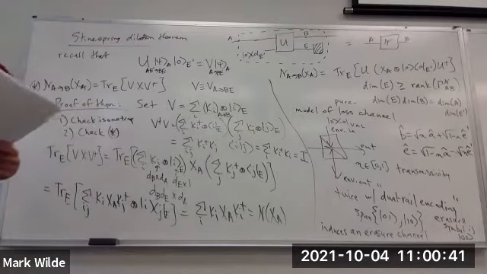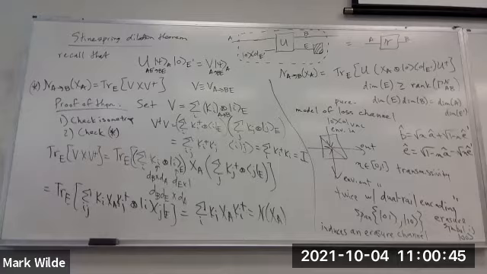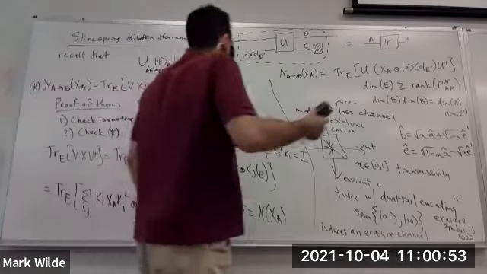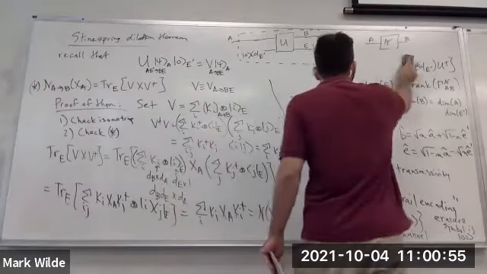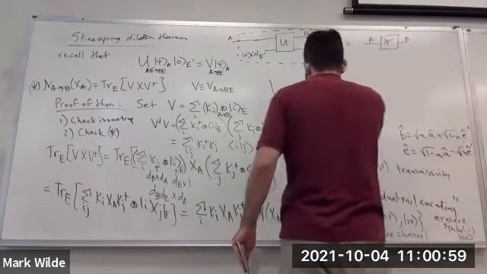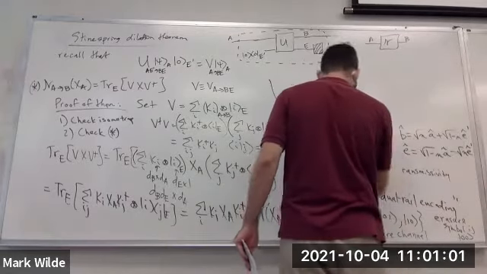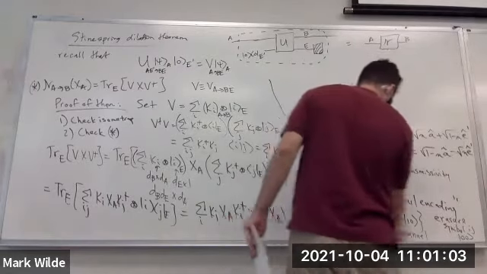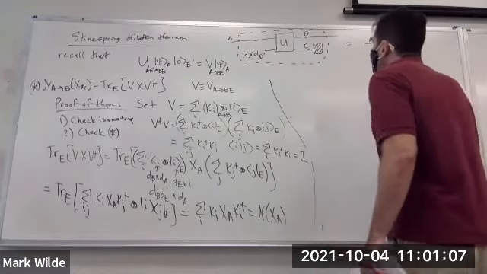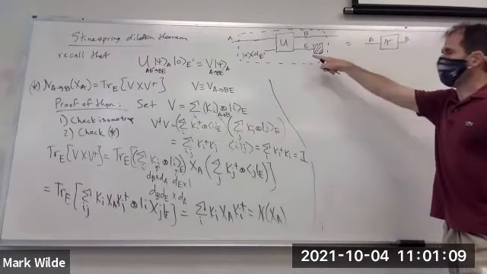Okay, let's now address the point that Vermeil was hinting at, which is the uniqueness of isometries. It's going to be similar to what we did for measurements, but I think we should still do it. You can kind of see it in this diagram.